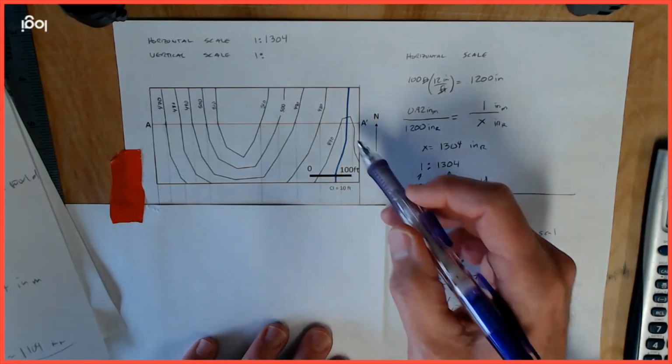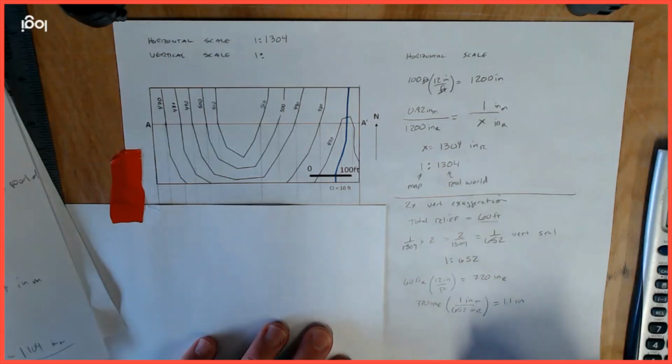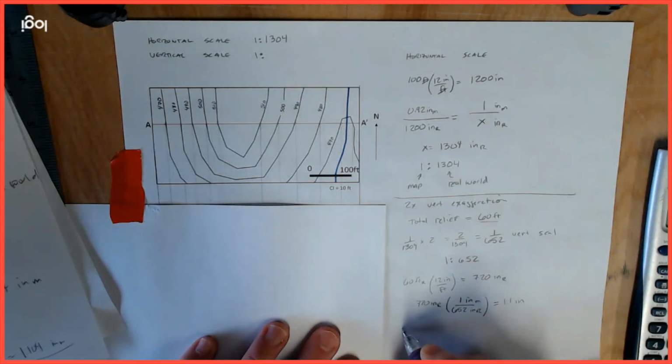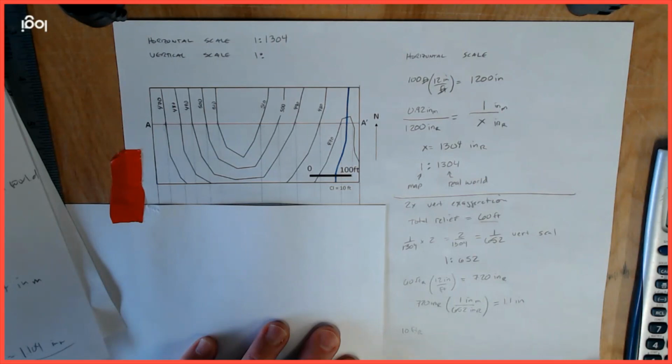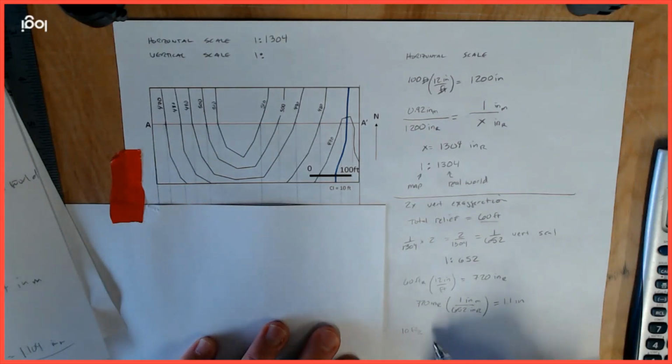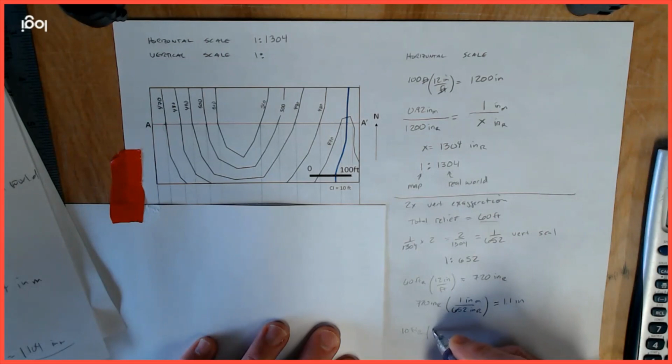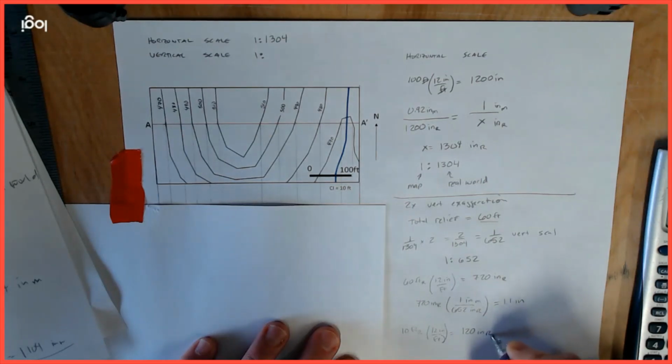And we're going to create a vertical scale that is in increments of 10 feet. So now we need to figure out, if we divide it into an increment of 10 feet, that would be 10 feet measured in the real world, and we need to figure out what that is in inches on the map, right? Well, again, we're going to have to convert those 10 feet into inches. So 10 feet times 12 inches per foot equals 120 inches in the real world, right?